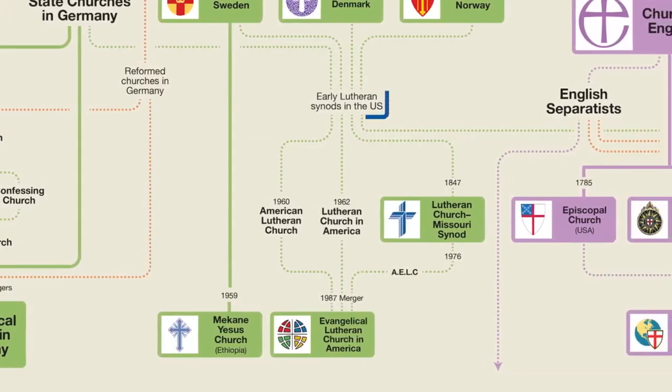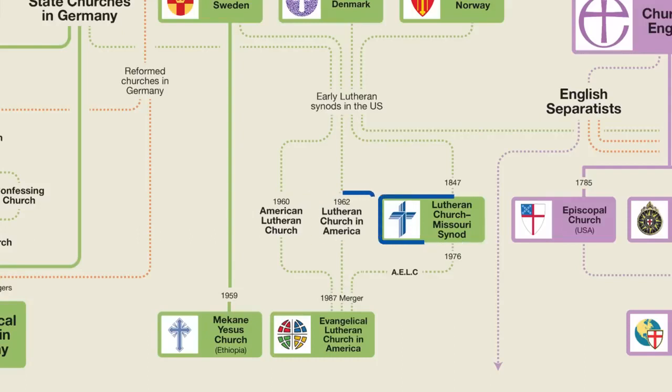Initially, there were dozens of different Lutheran councils and synods in the US, some Danish, some Swedish, some Norwegian, and some German. But over time, the various church groups merged so that by the 1960s, there were just three major Lutheran denominations: the American Lutheran Church, the Lutheran Church in America, and the Lutheran Church Missouri Synod.